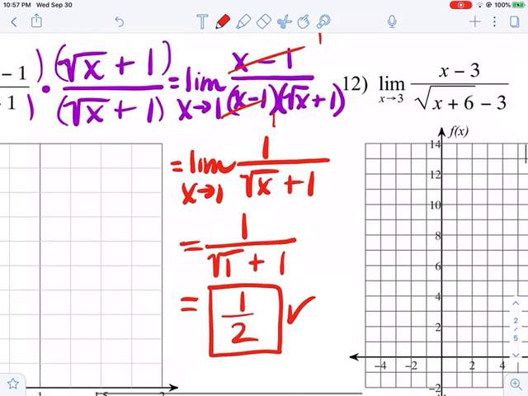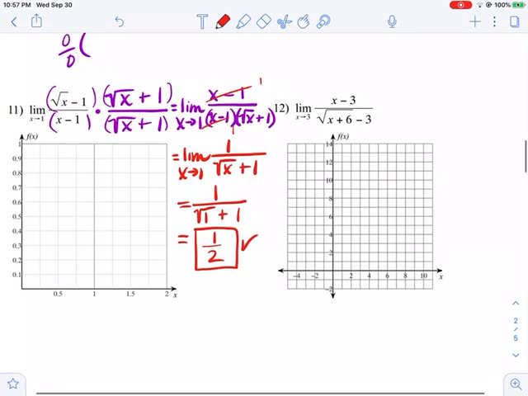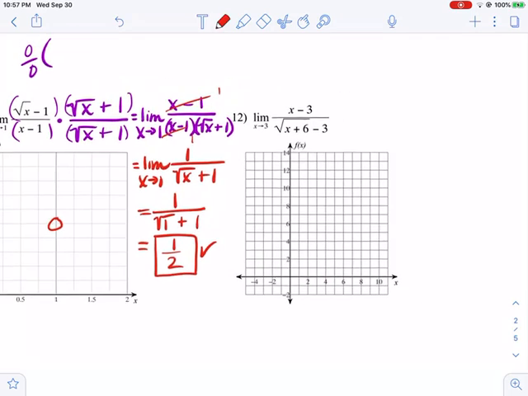Okay, you can check the graph out below. You'll recognize it when you see it down there, that the x value is 1 when the y value would be 1/2 at the hole. So when you see your graph, 1, 1/2, you'll see a hole right there, okay?